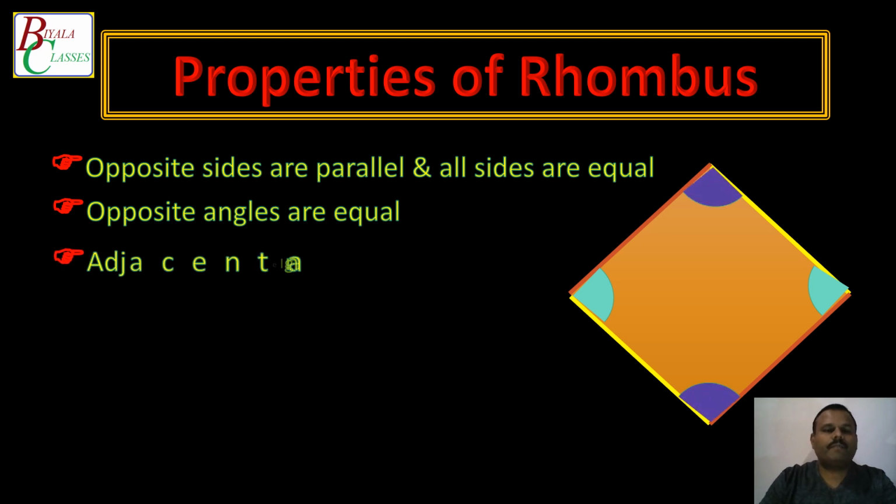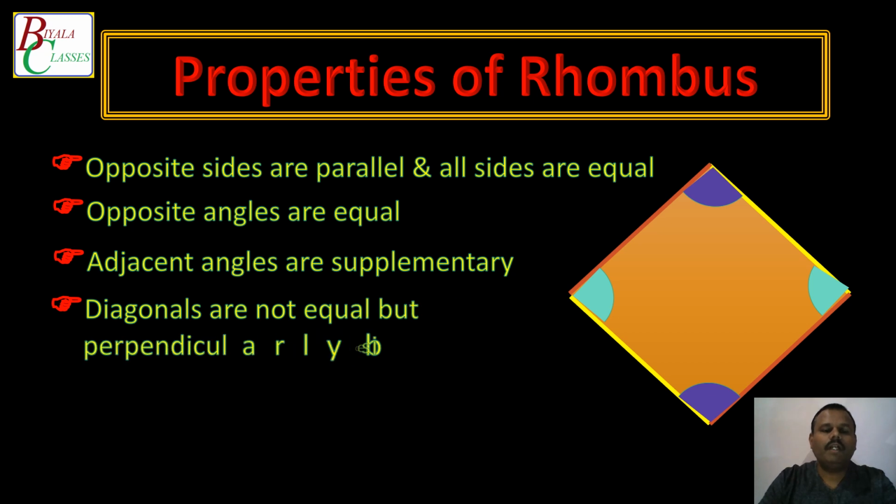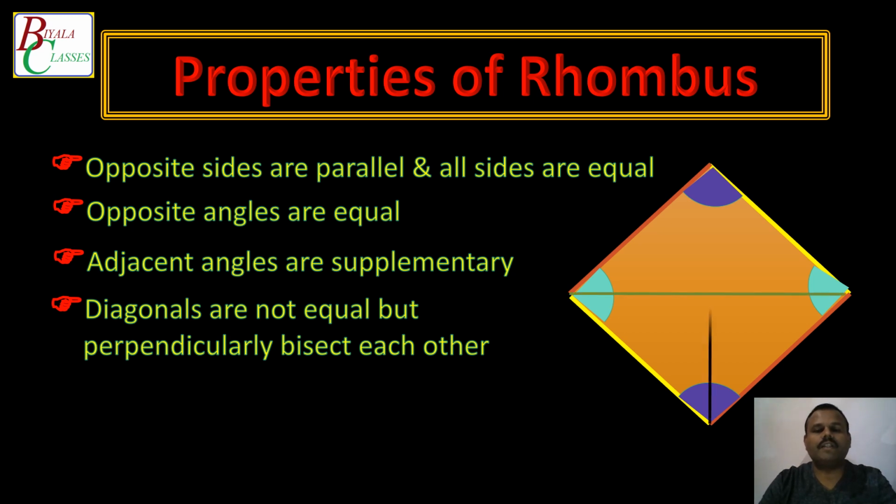Now the next is adjacent angles are supplementary. So again it is the same property of the parallelogram. There also adjacent angles are supplementary, and here also in rhombus the adjacent angles are supplementary. Diagonals again, same as parallelogram, are not equal here, but the slight change is that the diagonals perpendicularly bisect each other.